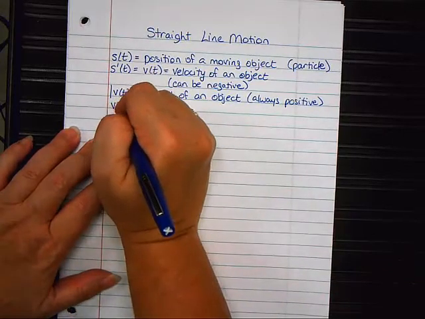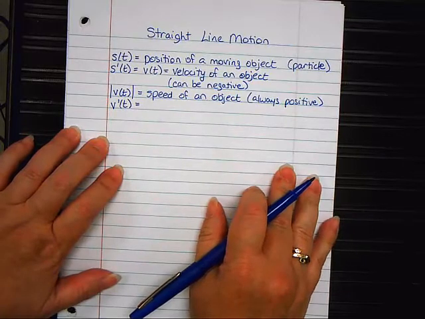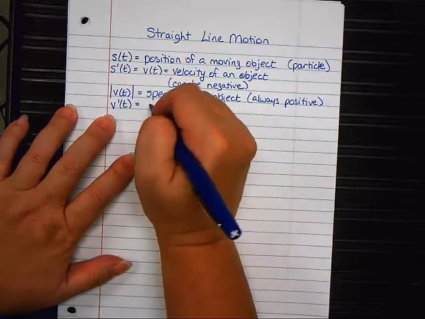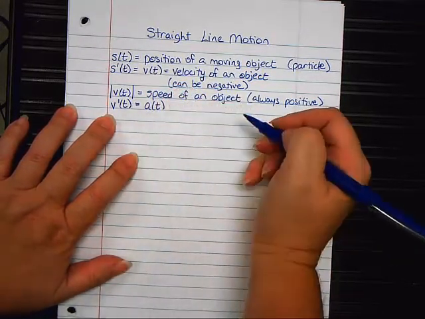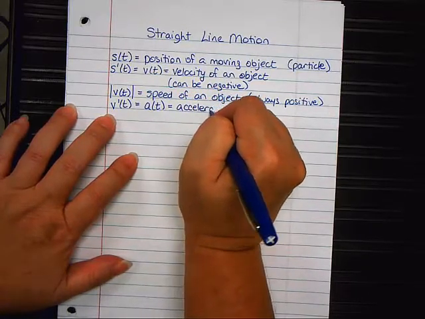Now, the last one is the derivative of the velocity. One of my kids just blurted this out in first period. The rate of change of velocity is called the what? Acceleration. So this is also a of t, which is the acceleration of an object.